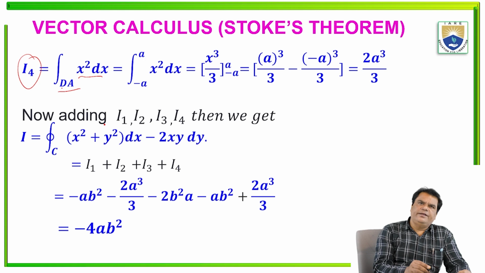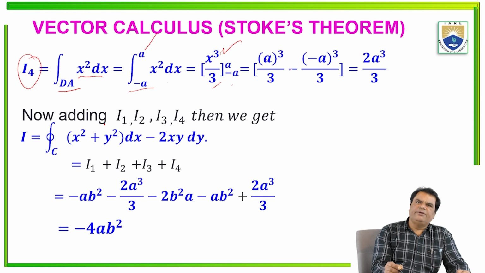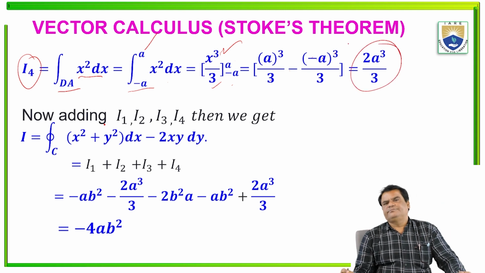Now taking the limit minus a to a of x square dx, the integration is x cube by 3. With limits minus a to a, first putting a cube by 3 minus (minus a) whole cube by 3, which is a cube by 3 plus a cube by 3. So this is 2a cube by 3.